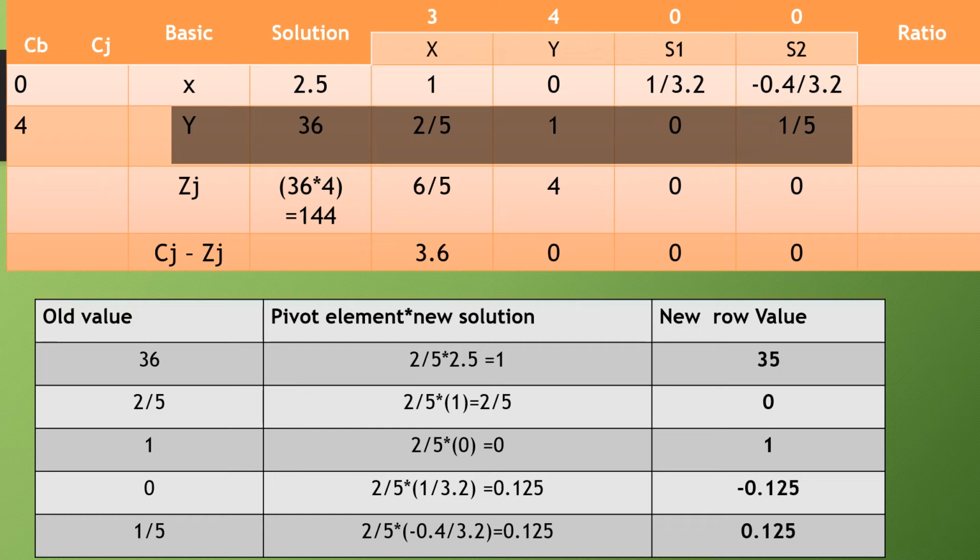In that one, you can see 36, 2 divided by 5, 1, 0, 1 divided by 5 as old values. Now we are going to find new values for this row. For that, we have to deduct from the old values the pivot element into the new solution. So here you can see the new solution in blue.